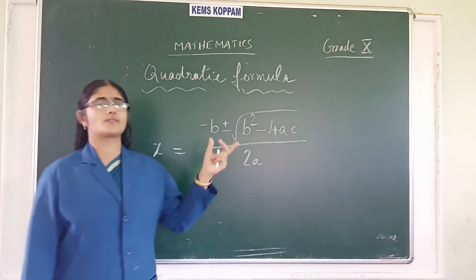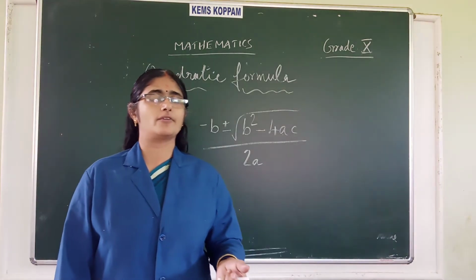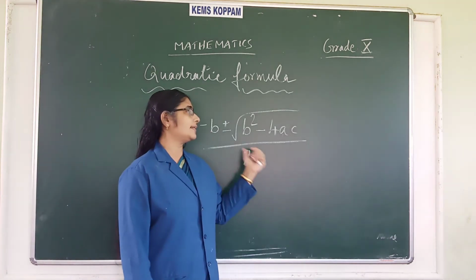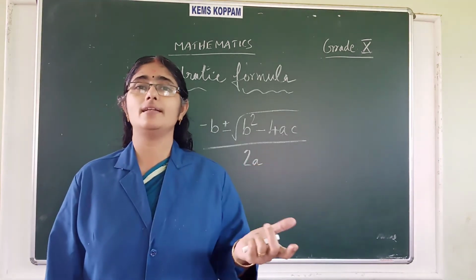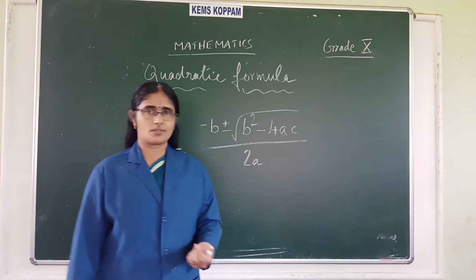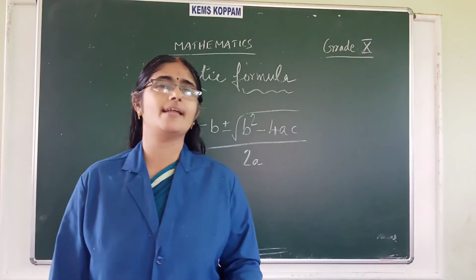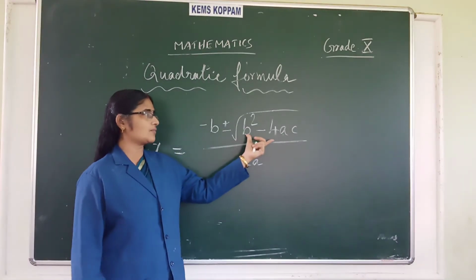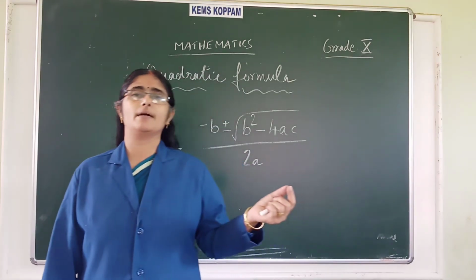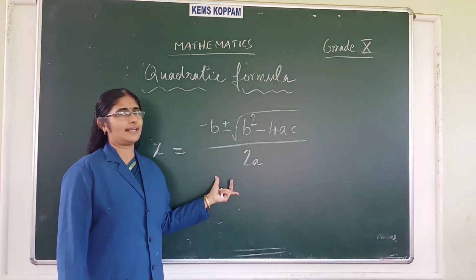If b square minus 4ac is greater than or equal to 0, then we get real numbers as the roots of the quadratic equation. Otherwise, the roots are not real. If b square minus 4ac is less than 0, it is a negative number, then the roots are not real.